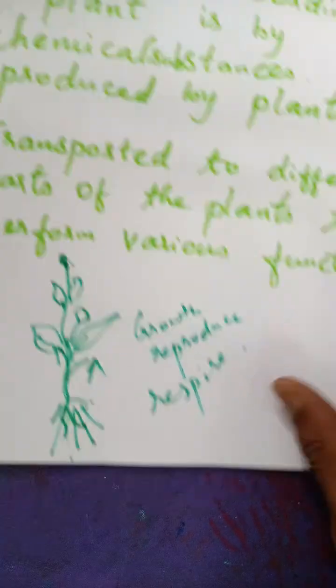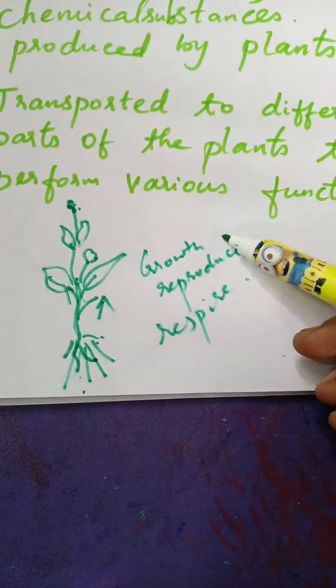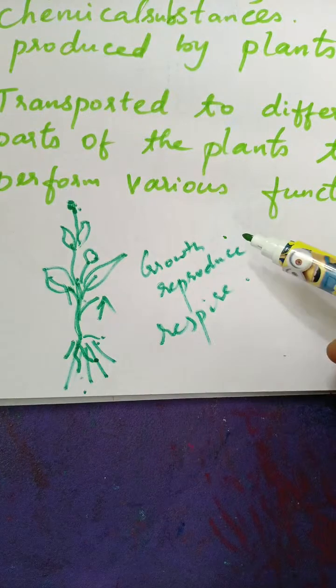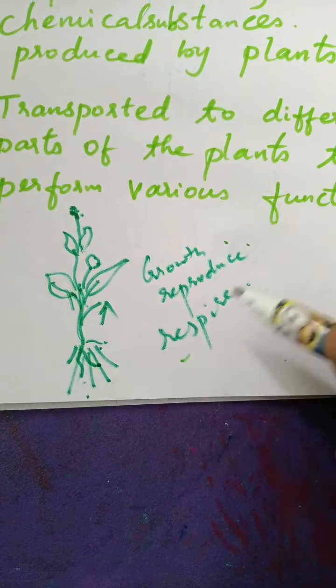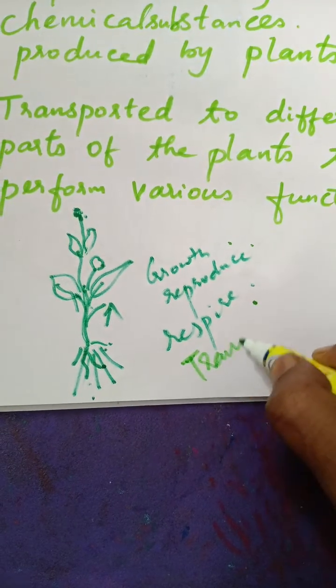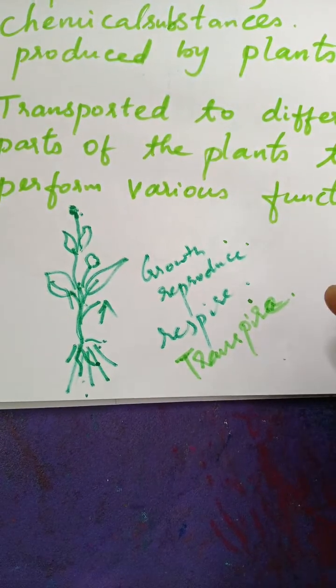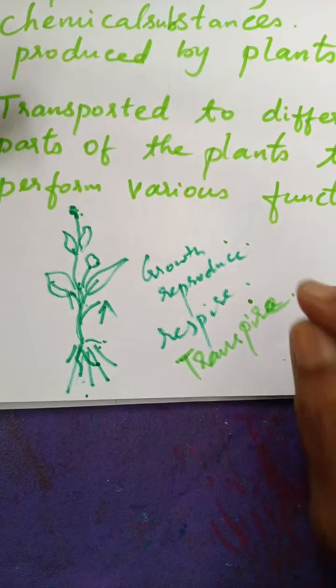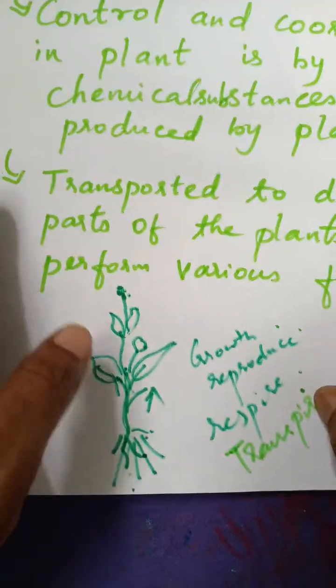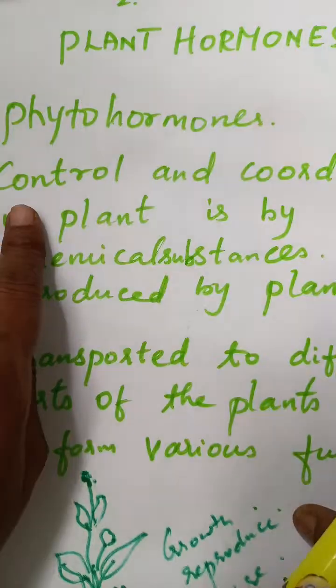What are the various functions? We all know it's growth, reproduction, respiration and expiration. We can even say transpiration is nothing but expiration. All those metabolic functions are mainly mediated by the phytohormones.